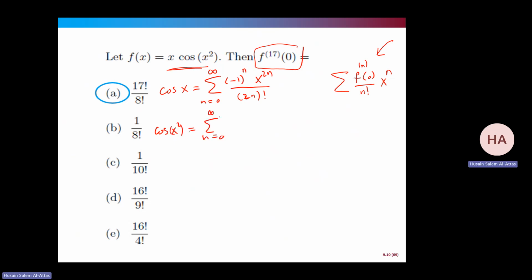Let me do it directly. Minus 1 to the power n, x to the power 4n over 2n factorial. x cosine x squared, that will be summation n equals 0 to infinity minus 1 to the power n x to the power 4n plus 1 over 2n factorial.